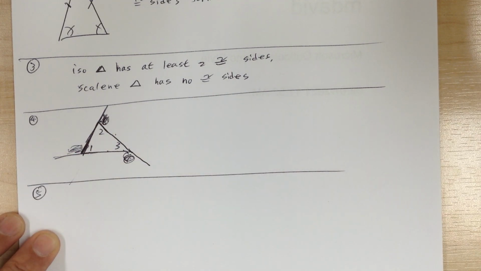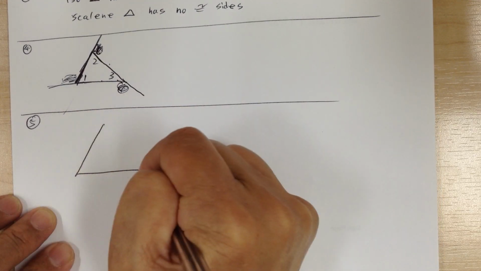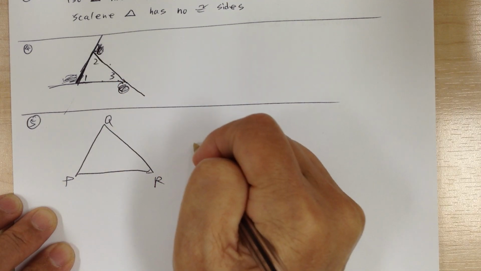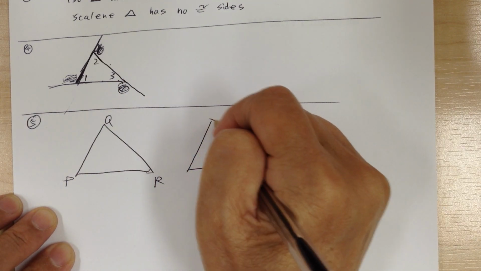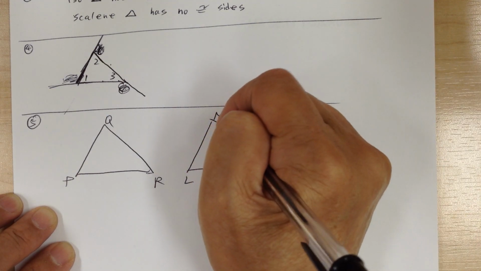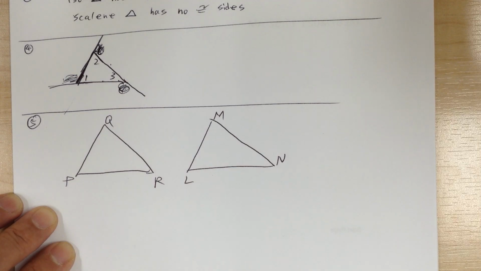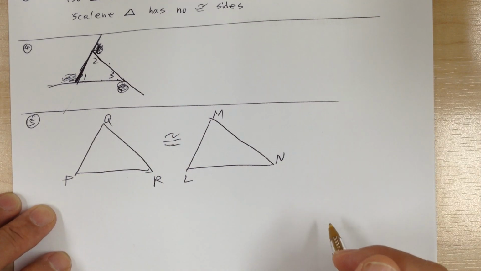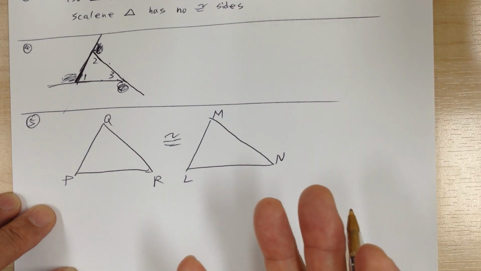Okay, number 5. So if triangle PQR is congruent to LMN, okay? So this is congruent. So what you do is you apply the CPCTC, okay?